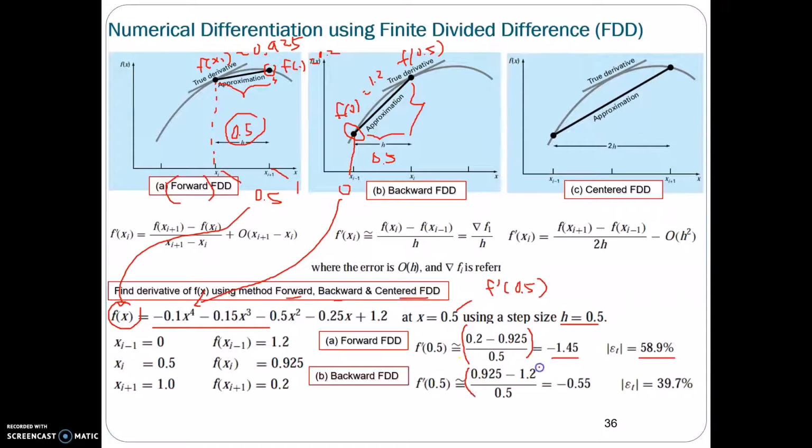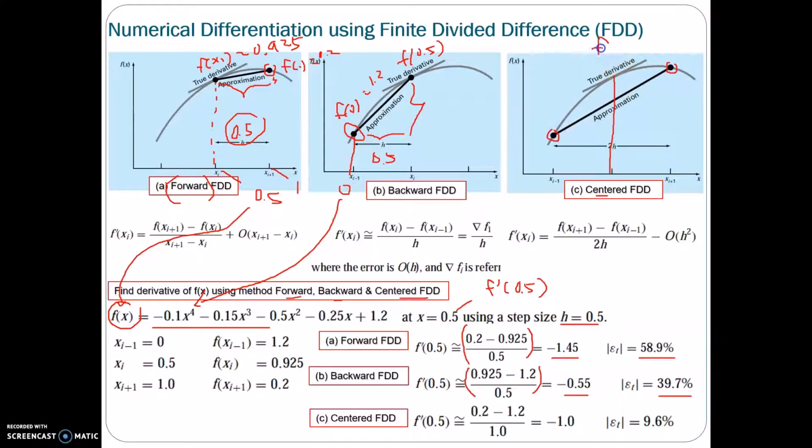Take delta y divided by delta x, then you can obtain the derivative result, and this is the corresponding error. For the center finite divided difference method, you need the forward and backward points here to estimate the derivative f prime at x equal to 0.5.